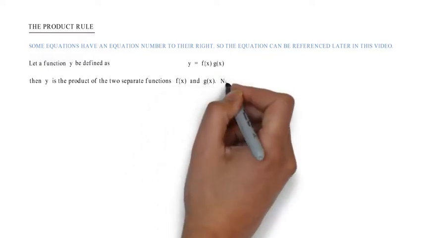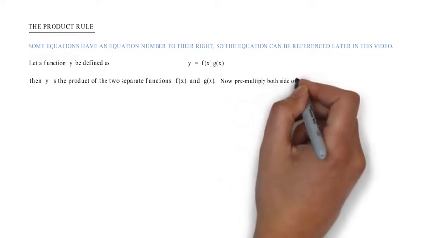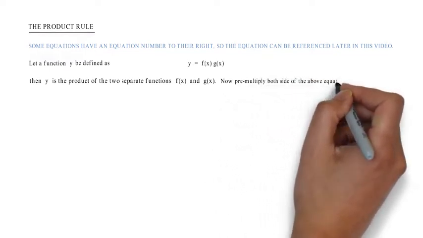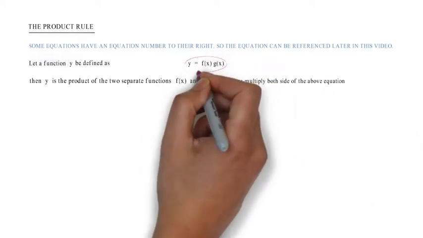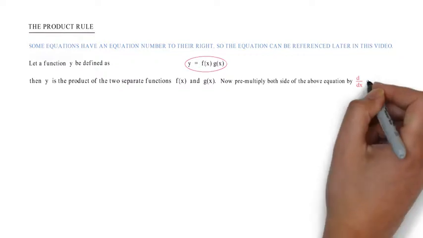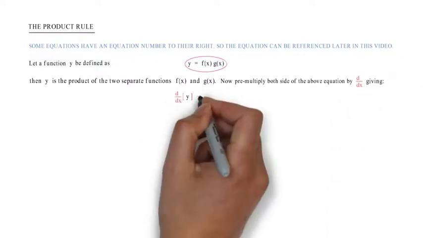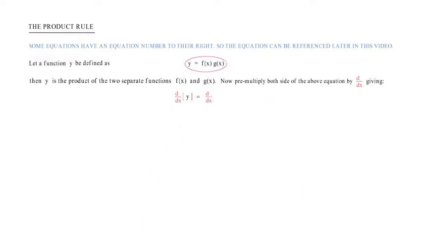Now pre-multiply both sides of the above equation by d/dx, giving d/dx of y equals d/dx of f(x) times g(x).